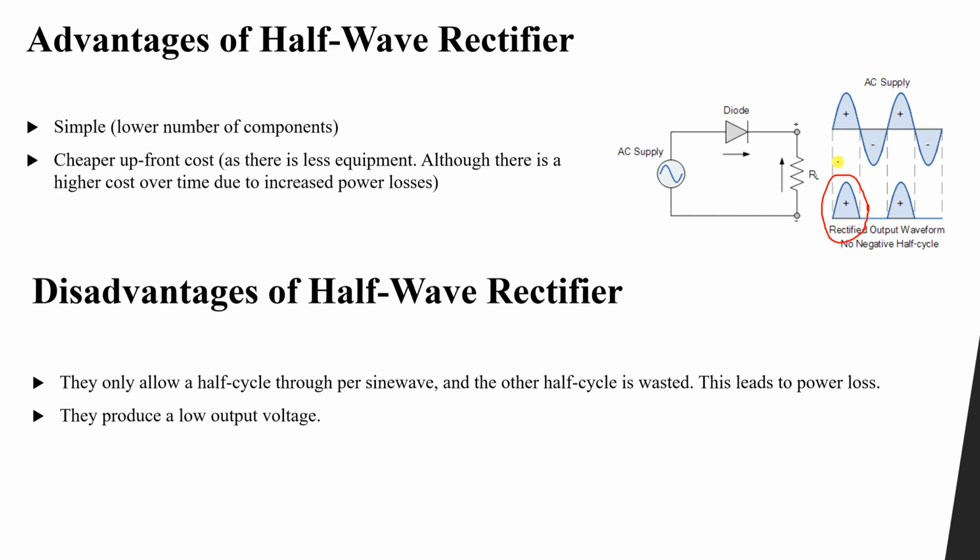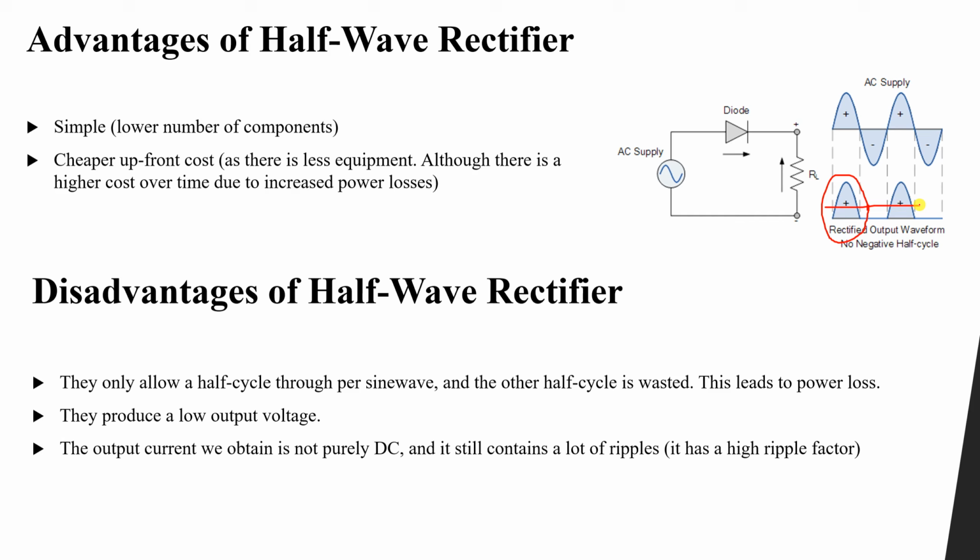If you take the average value of the voltage here, it will be very low compared to something like full wave rectifiers. Also, as we said before, our output voltage is not purely DC, as it contains ripples. Remember the ripple factor that we talked about; this circuit has a high ripple factor. As you can see, large ripples compared to even the full wave rectifier.